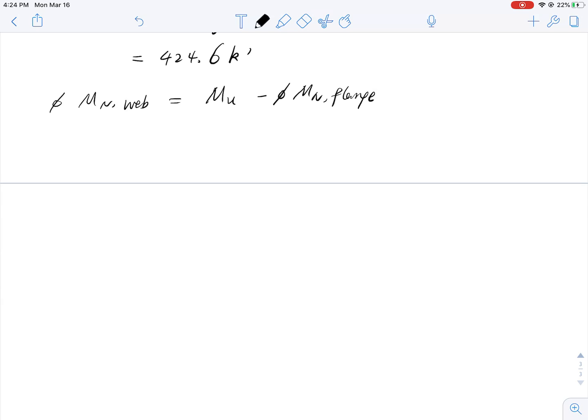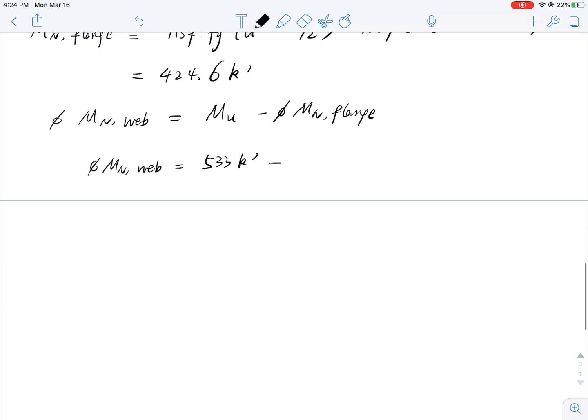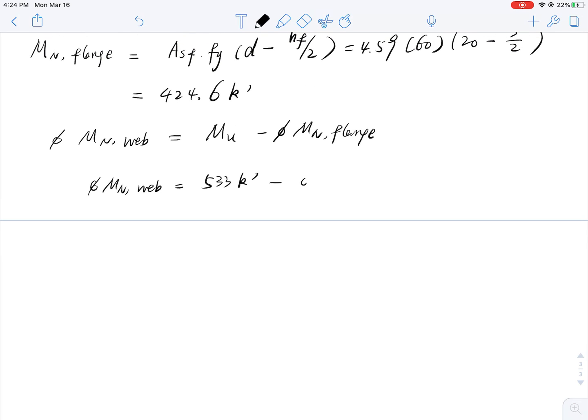Now I have phi Mn web equal to Mu, which is 533 kip-feet, minus the assumed phi of 0.9 multiplied by 424.6 kip-feet of flange.